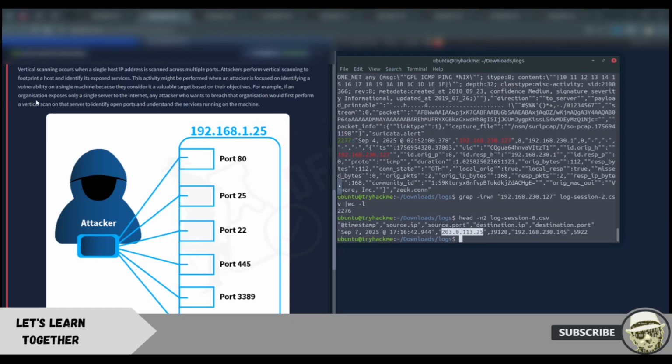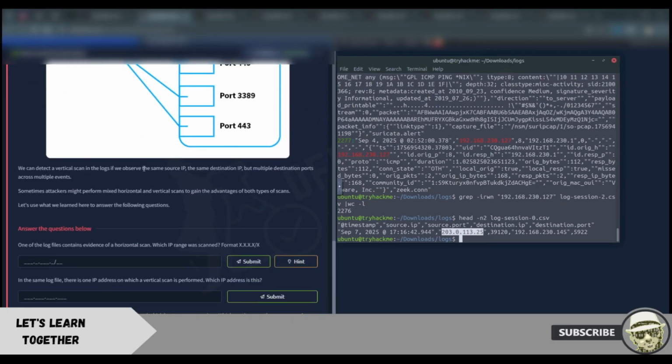For example, if an organization exposes only a single service to the internet, any attacker who wants to breach that organization would first perform a vertical scan on that server to identify open ports and understand the services running on the machine.